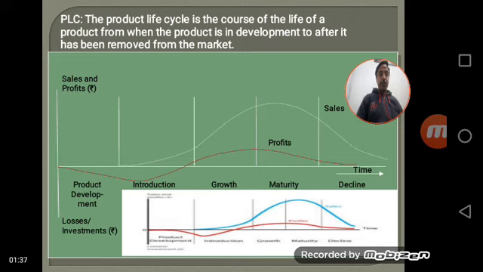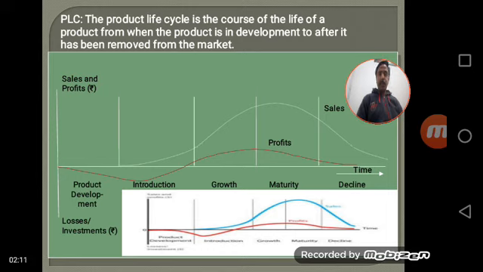So basically, product life cycle means the course of life of a product from the development of the product till the end of that product. In theoretical terms, the definition is: product life cycle is the course of the life of a product from when it is developed to after it has been removed from the market.